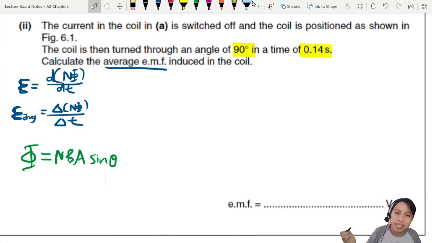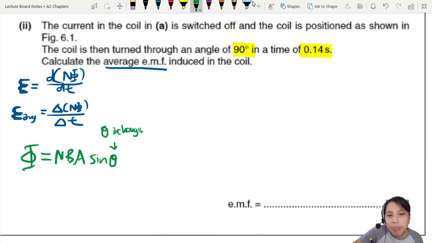So what we're going to do is find the average, right? So your coil is turning and turning. Average, can we think of the initial and final? Because here we have a problem. Theta is changing non-stop. What theta to use? 0, 10 degrees, 40 degrees, 50 degrees, 60 degrees, 90 degrees. We only know it goes from 0 to 90.